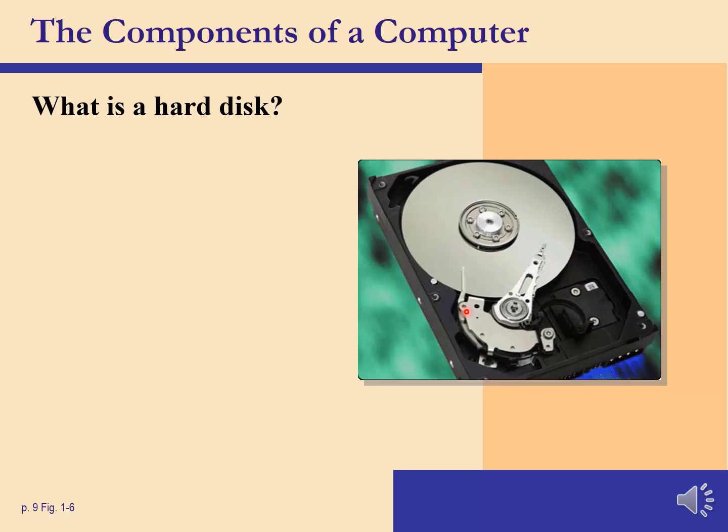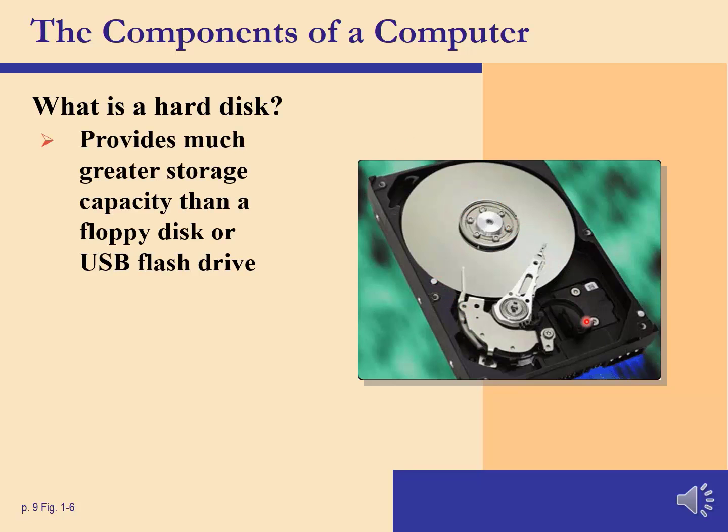Hard disk: what is the hard disk? This is a picture of the hard disk. The hard disk provides much greater storage capacity than floppy disks or USB flash drives. It is housed inside the system unit, and there is also an external hard disk that is outside the system unit.